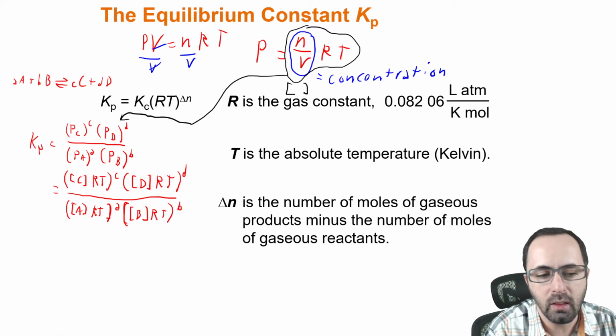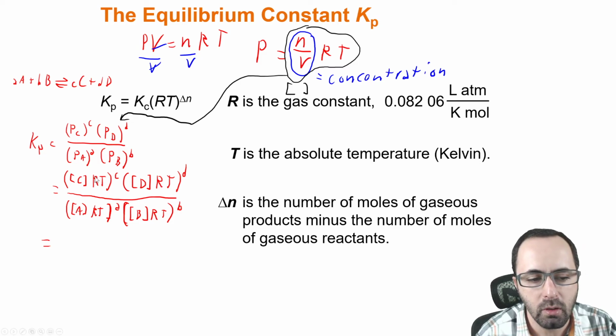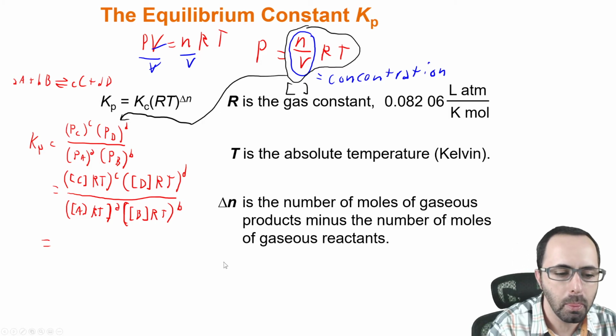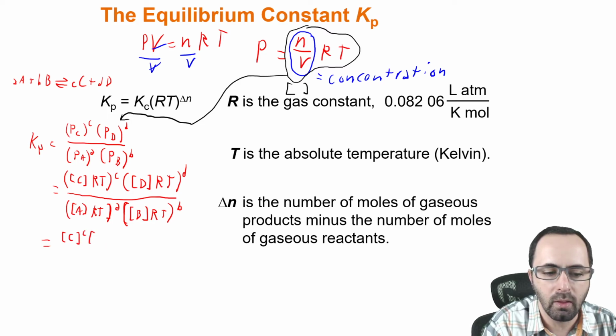And now I'm going to break this up. I'm going to factor out the RTs and leave the concentrations. When you apply an exponent to things that are multiplied, that exponent applies to everything that is multiplied. That's an algebra rule. We get the concentration of C to the little c power, the concentration of D to the little d power, over the concentration of A to the little a power, the concentration of B to the little b power.